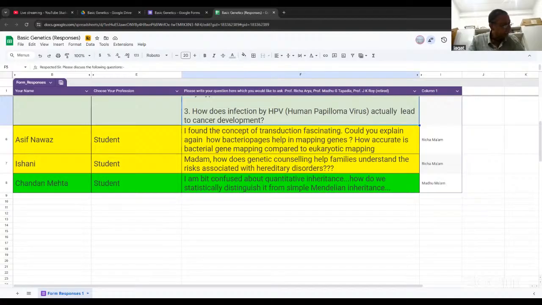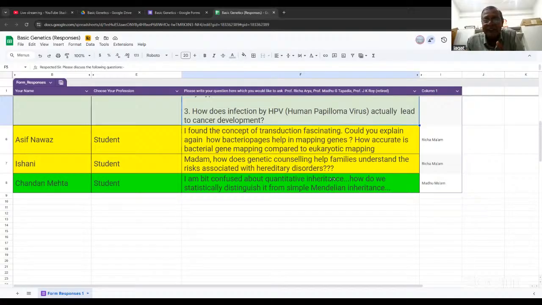Here, the thing is that human papilloma virus is a DNA virus. Let us say this has infected an epithelial cell. This is an epitheliotropic virus, so it infects the epithelial cells. So infection occurred, and then the genome of the virus has different genes in it.